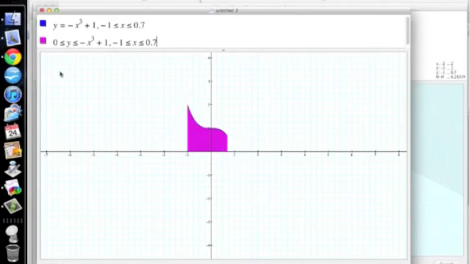And you go, gosh, I don't really see a vase.